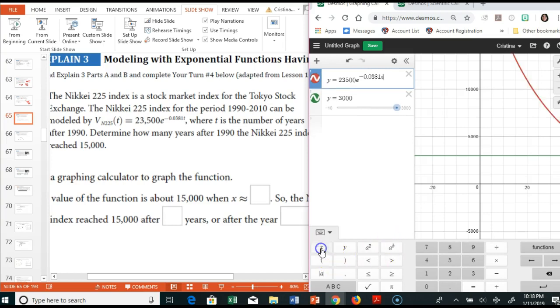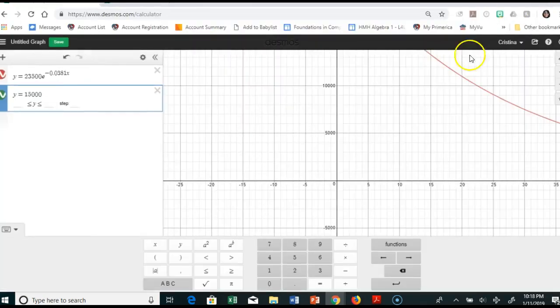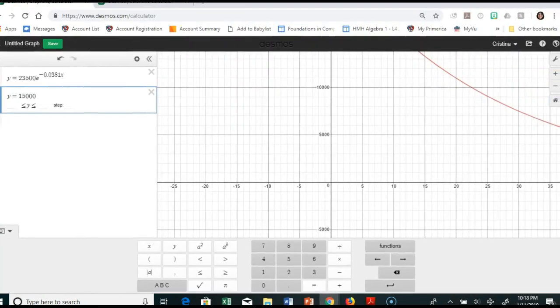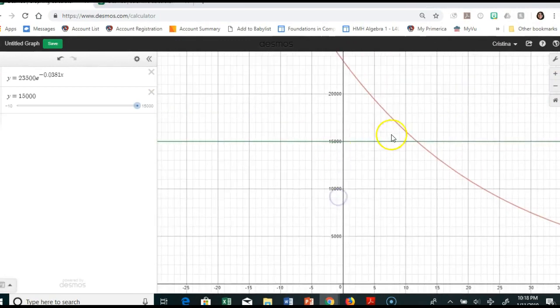And instead of writing t, I'm going to write x, and they want to know at what point that would be $15,000. So let me go ahead and maximize this screen and see what that would be. Oh, it does cross. So after about 11.7, so 11.7 years, it'll be worth about $15,000.